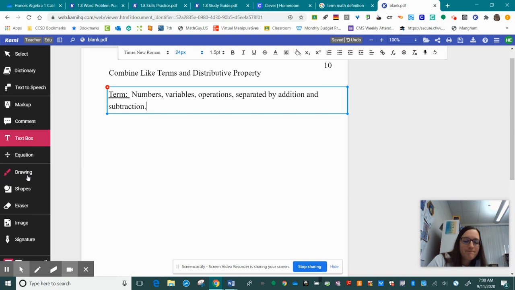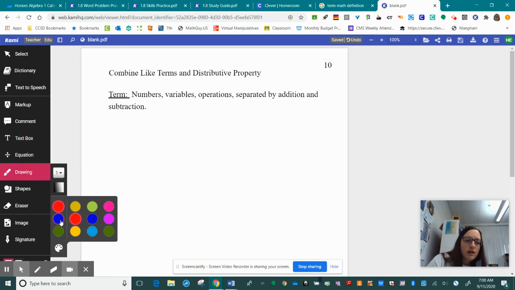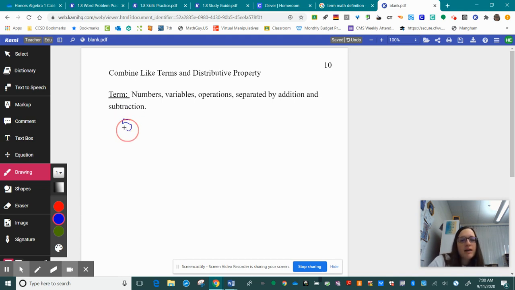So let's look at what a term would be. I'm going to draw this out here just because it's easier to draw some of those math symbols than type it. So let's say we have 5y cubed plus 2y squared minus 3z plus 7.